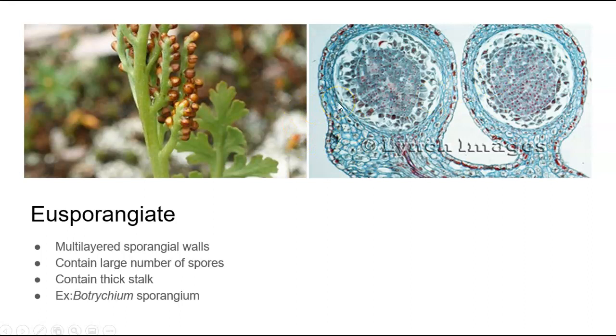What you'll notice with the eusporangiate is that the sporangial wall has several layers, so it is going to be relatively thick. It is going to contain a large number of spores, and it has a thick stalk over here. This is, I believe, pronounced Bothridium sporangium.